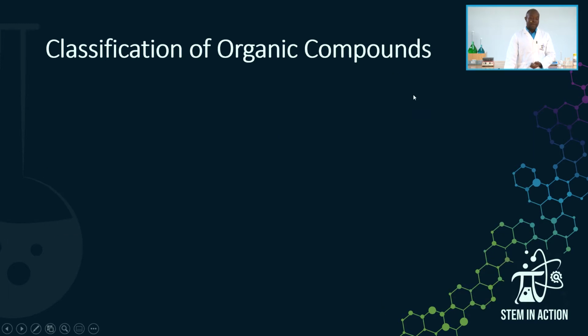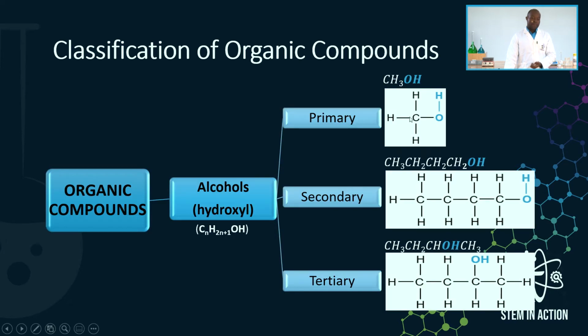So moving from primary to secondary to tertiary, we are increasing the substitution of the carbon that is bonded to our functional group. So in the first one, the carbon is not bonded to any other carbon. In the second one, it's bonded to 1 carbon. In the third one, it's bonded to 2 carbons.